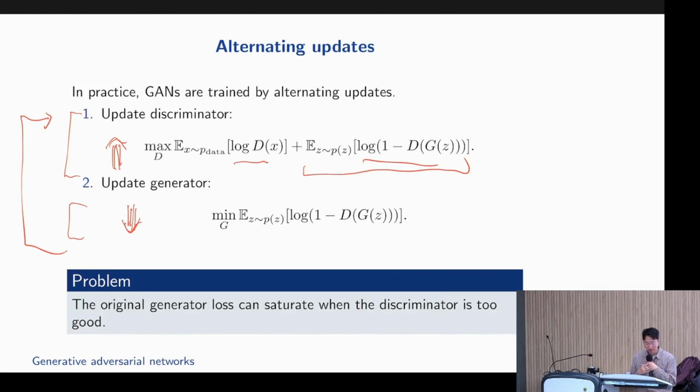There are many problems, but one known problem is that the generator loss can saturate when the discriminator is too good. Especially early on in the training, when the generated image looks really, really bad, it's easy for the discriminator to discriminate. In this case, it's very hard to escape from the local optimum. So we don't want the discriminator to get too good too early. Why?